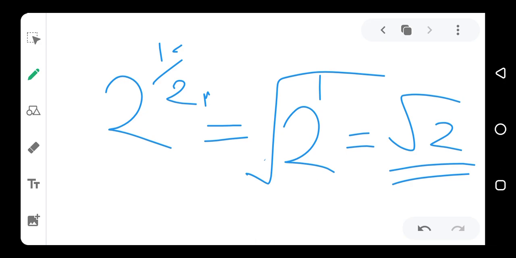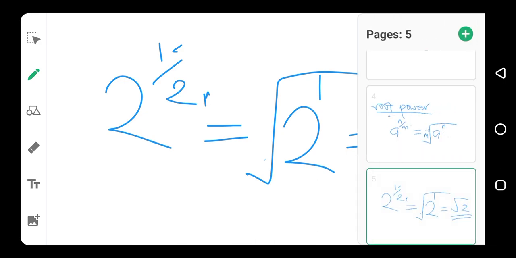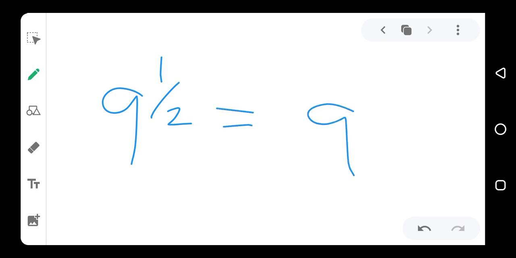Now, if we have 9 raised to power 1 over 2, this is going to be, the base is 9, then the numerator is 1, and for the root, we still have 2 here, so we don't have to put anything there.